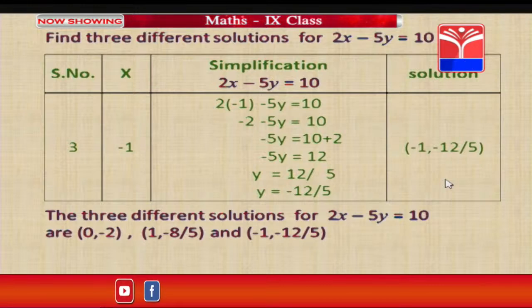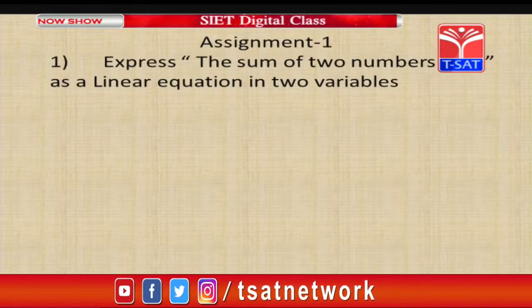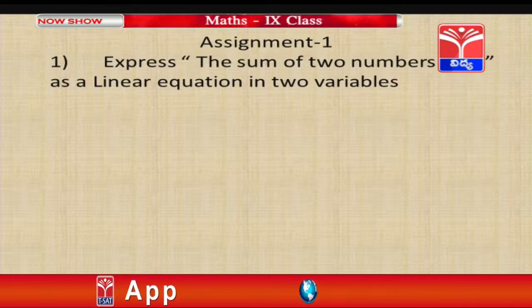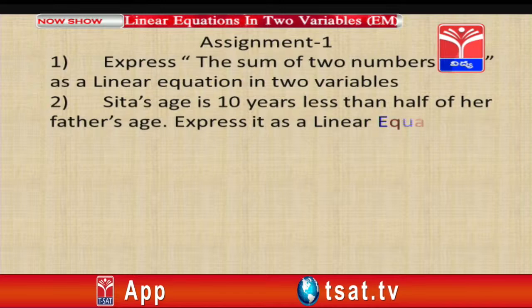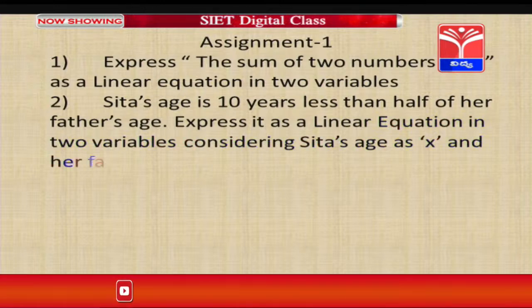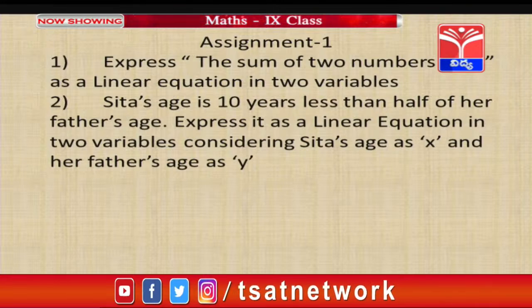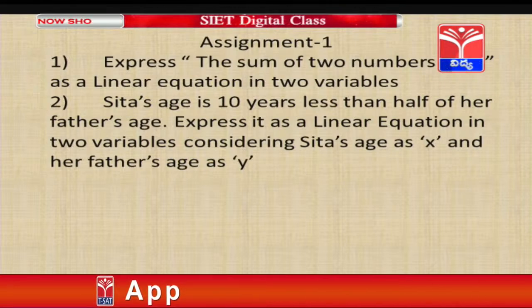Are you clear, children? Now, at present there is just an assignment for you. Question number 1, express 'the sum of 2 numbers is 43' as a linear equation in 2 variables. Question number 2, Sita's age is 10 years less than half of her father's age. Express it as a linear equation in 2 variables, considering Sita's age as x and her father's age as y.